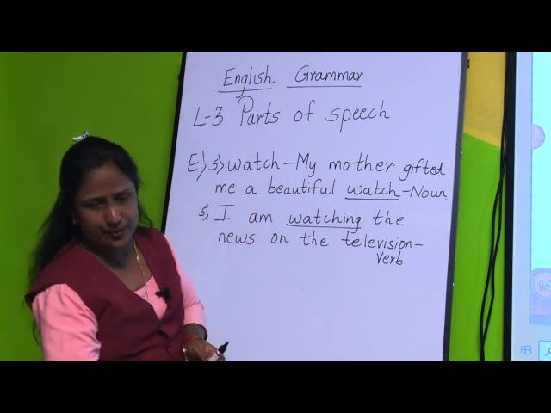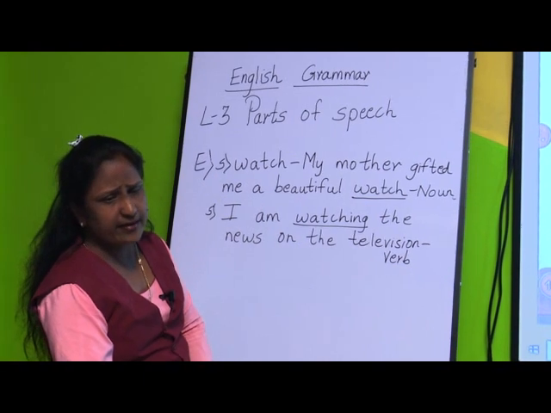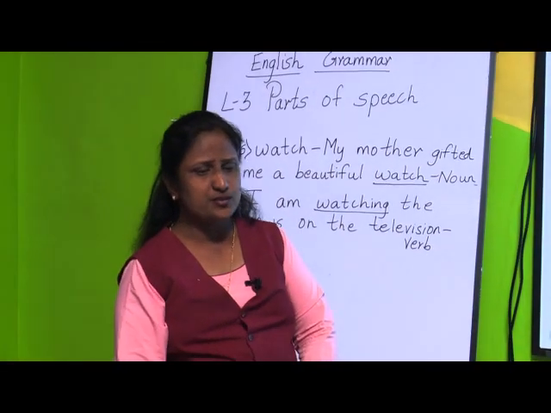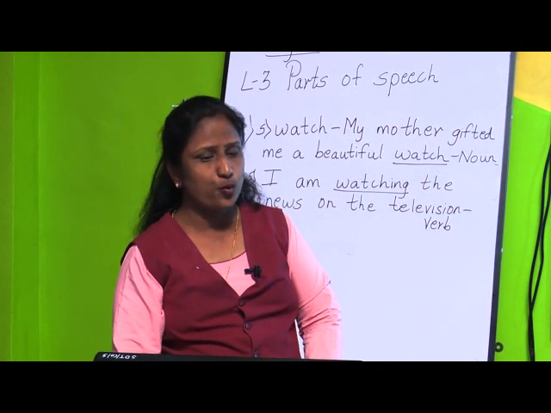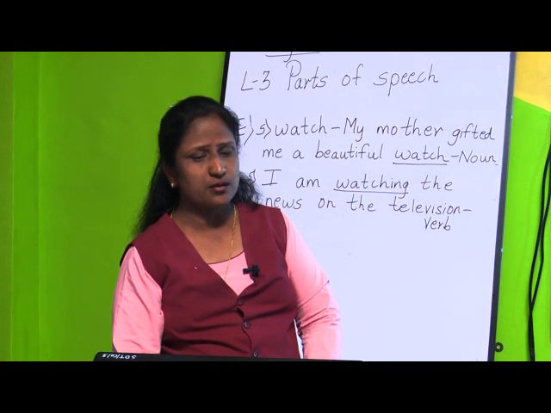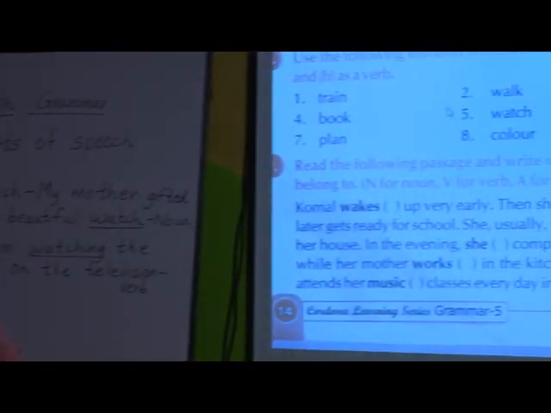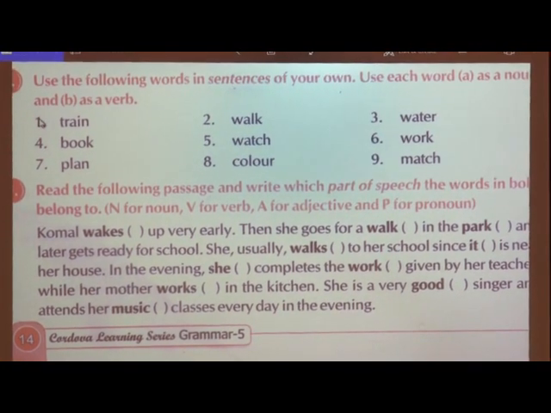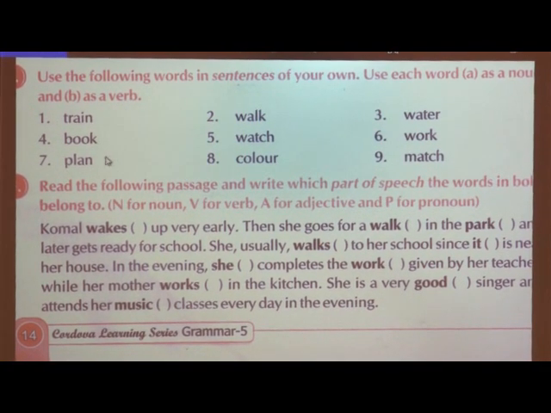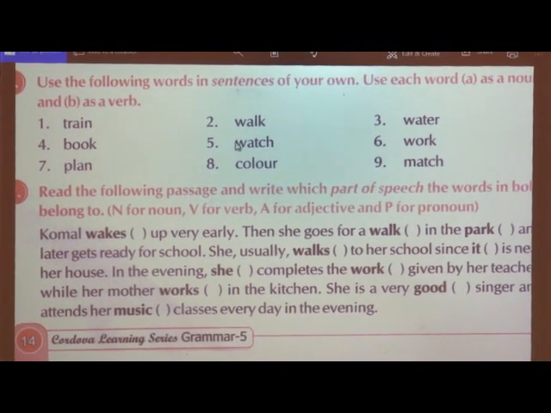In this way we can do all these words like train, walk, water, book, watch, work, plan, color, match. All these words you can use in the form of a noun and also in the form of a verb. So I hope, children, you have all understood this exercise.